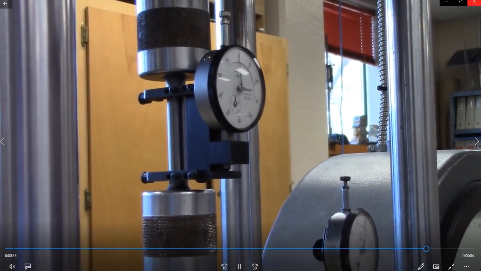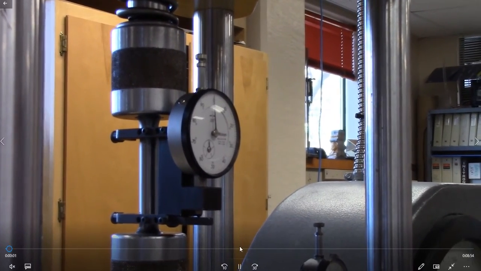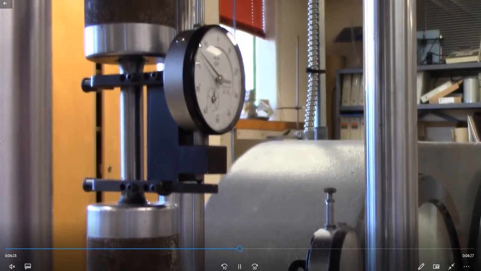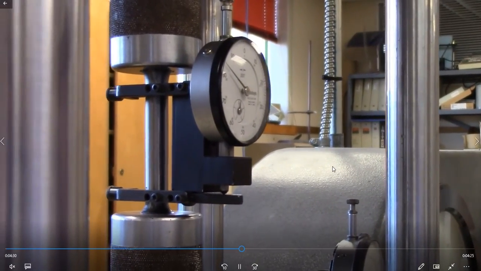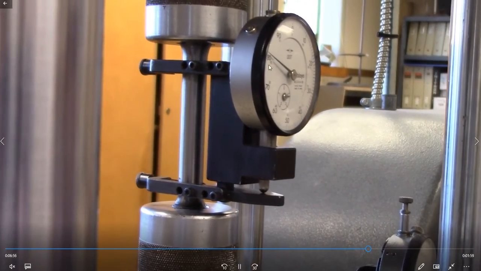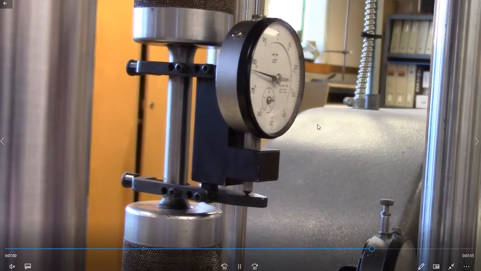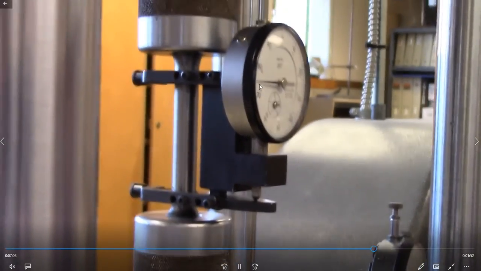It is still not clean. You can see now the leg moved. That means the deformation is coming. Now you can see that they are applying the load and the deformation is increasing.